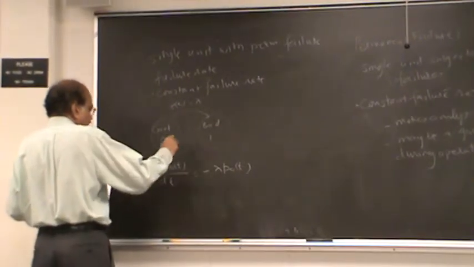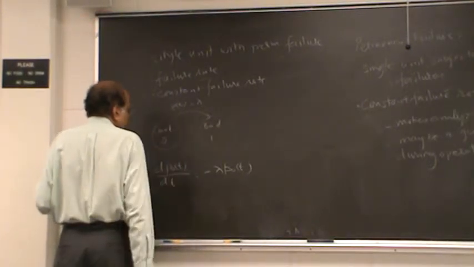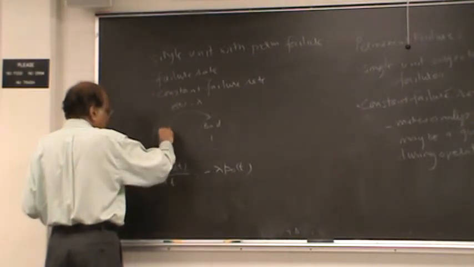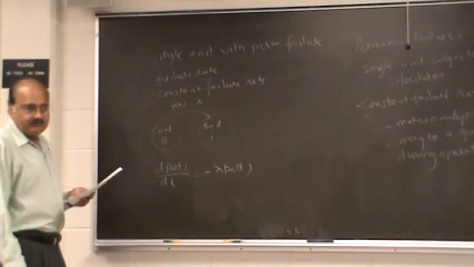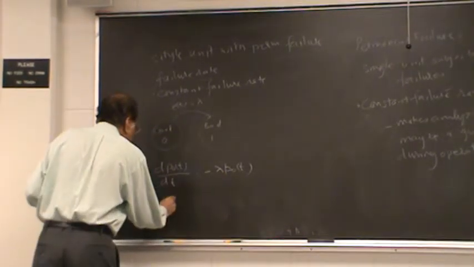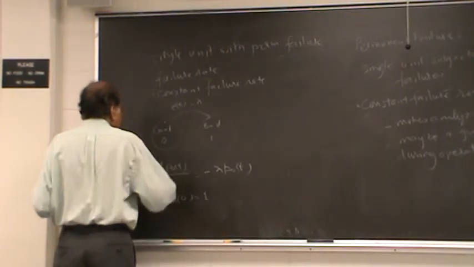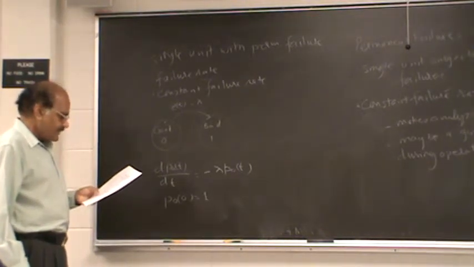The rate of change of being here is equal to the probability you're here multiplied by the probability that you will have this transition. And let us assume that P00 is equal to 1. Initially, you know that you are in this state.